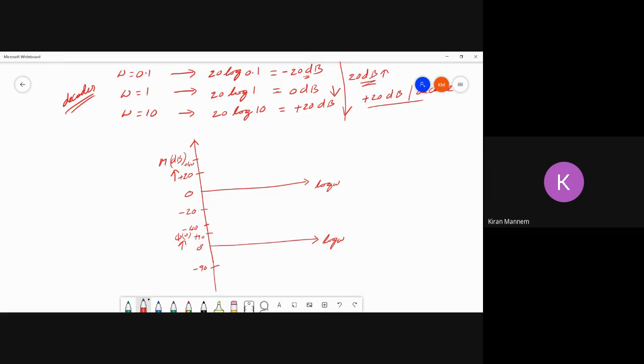So let us draw the magnitude plot of j omega. When omega equals 0.1, let me denote 0.1 here, 1 here, and this is 10.